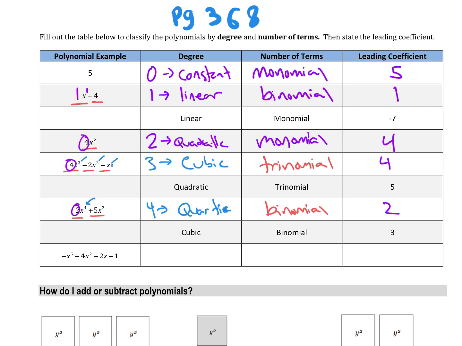Finally, the last problem at the bottom. Okay, let's see. What do we got? I have 1, 2, 3, 4 terms. So that just makes it a 4-term polynomial. And the biggest exponent is 5.